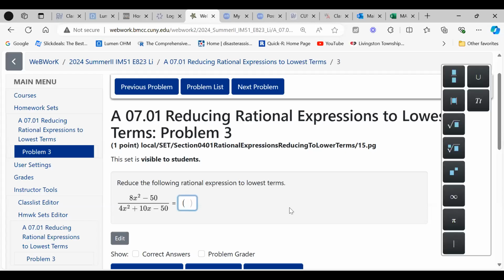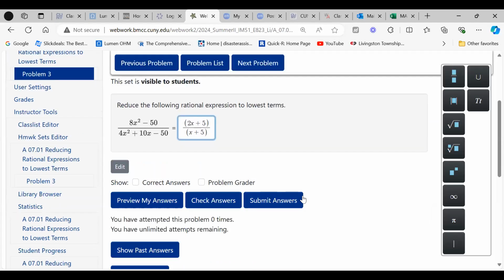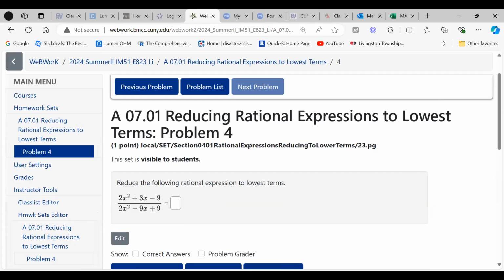So the answer is 2x plus 5 over x plus 5. That should be the correct answer. Now, the last question here, let's try it. Again, factor the trinomials. Let's give it a shot.